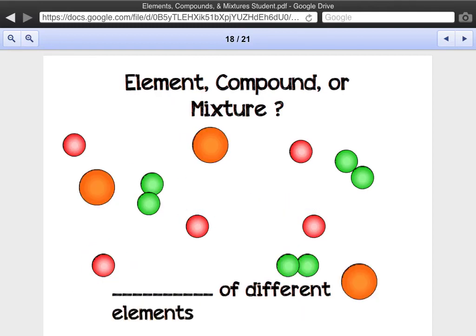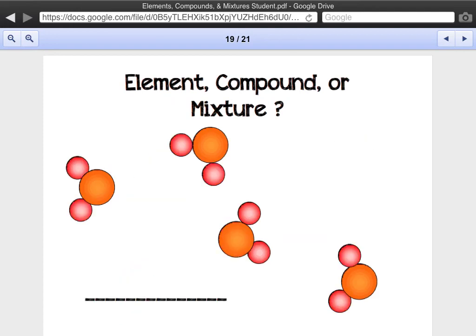Do you think this is an element, a compound, or a mixture? If you said a mixture of different elements, you are correct. You see several different elements here, but again, they're not chemically combined except for these simple molecules of the same element, and you can separate them.